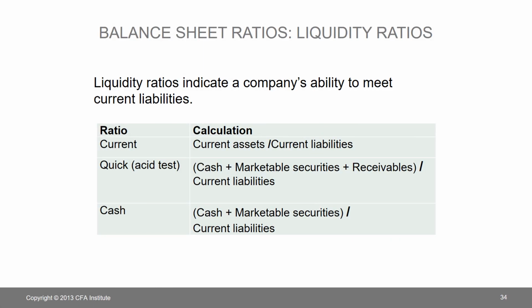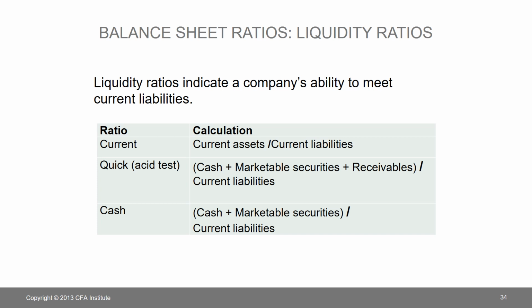And finally, we get to the last learning outcome for today's lecture, which is looking at the balance sheet ratios. We'll begin here by the liquidity ratios, and then we'll move on to the solvency ratios. So the balance sheet ratios are those involving balance sheet items only.